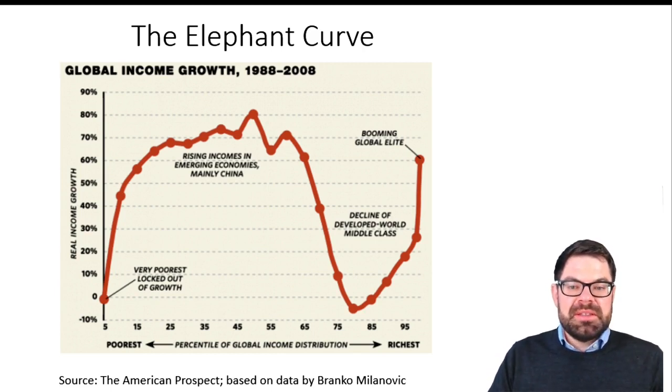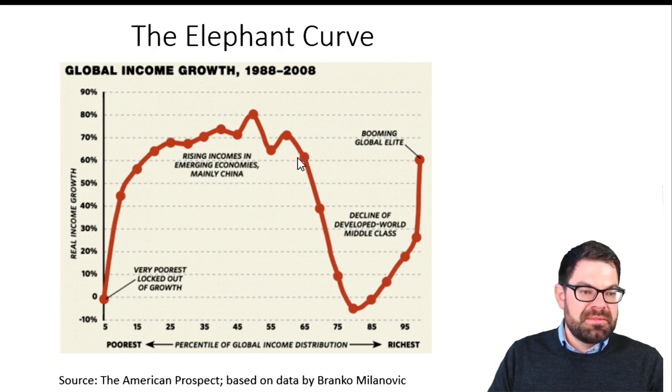Then what you can see here is that anyone between the 10th percentile and the 70th percentile, really, between 1988 and 2000, had a massive growth in those 20 years. So their incomes in real terms grew by about 60 to 70%.